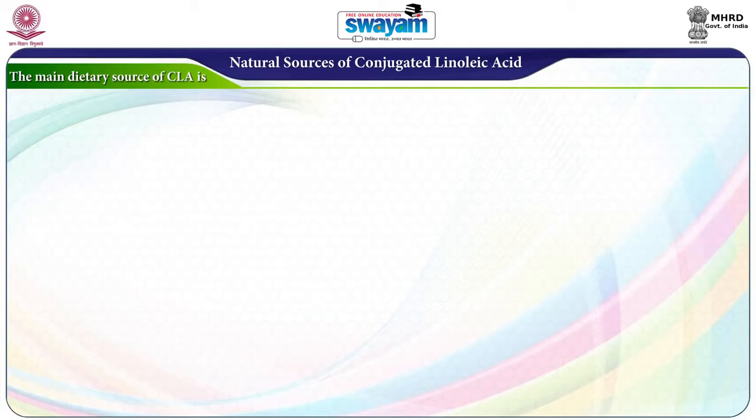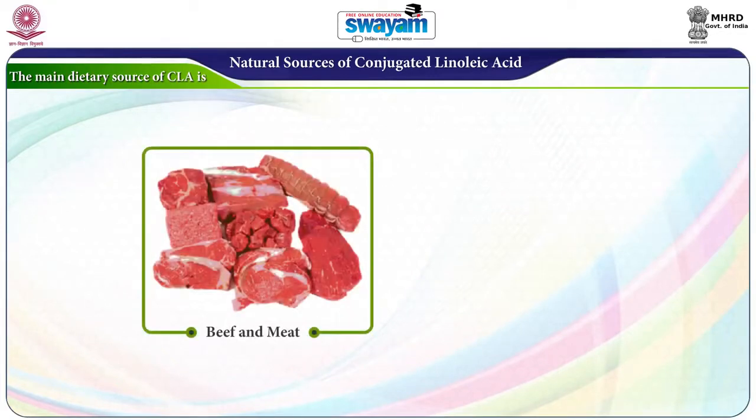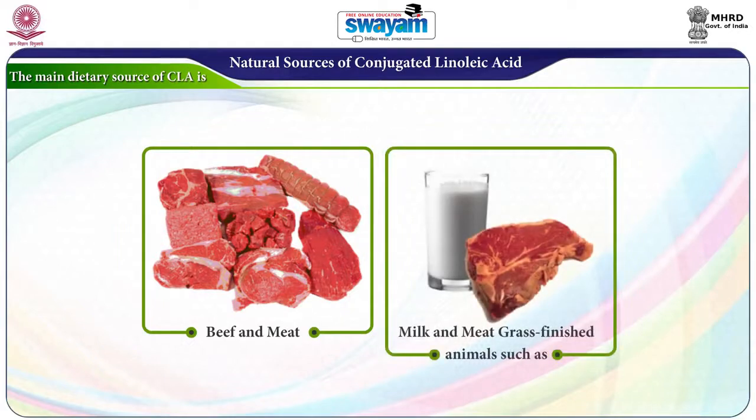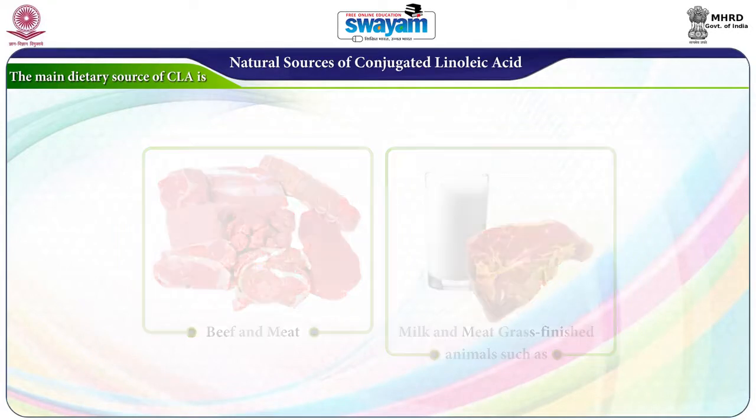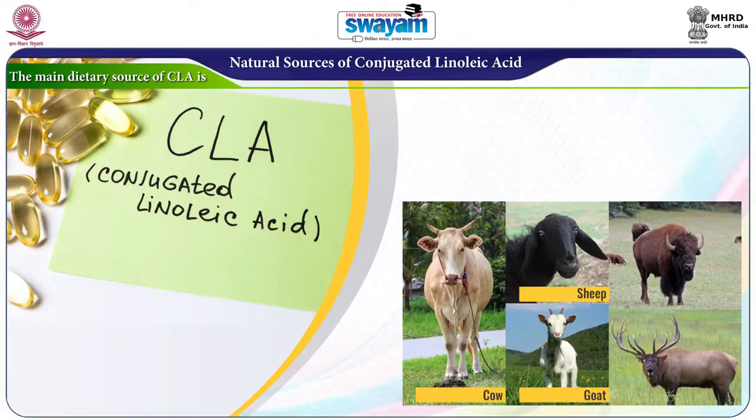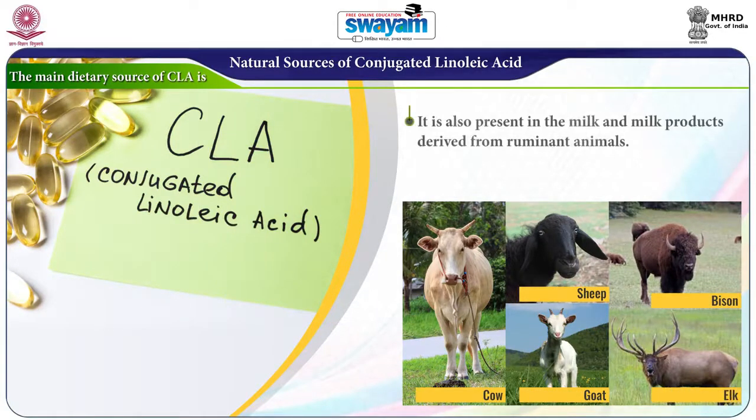The main dietary source of conjugated linoleic acid is beef and meat, milk and meat of grass-finished animals such as cows, sheep, goats, bison, elk and other ruminant animals. Conjugated linoleic acid is also present in milk and milk products derived from ruminant animals. It is also found in the eggs of grass-fed poultry.